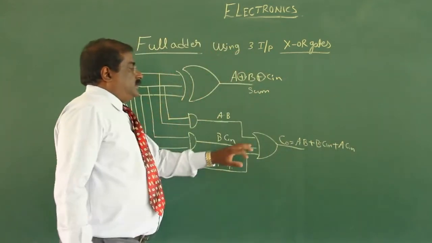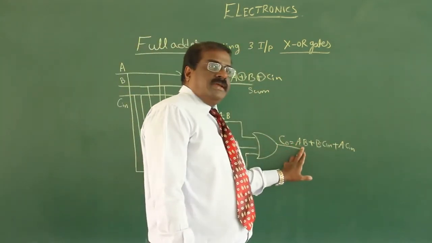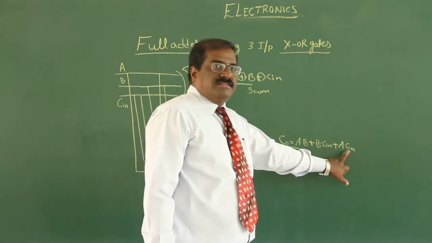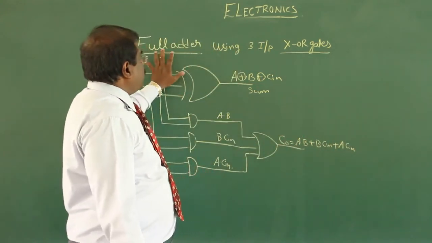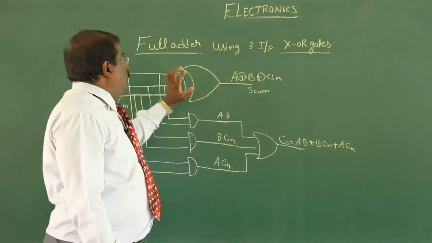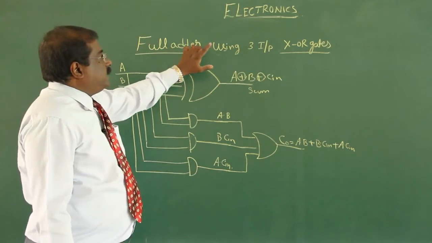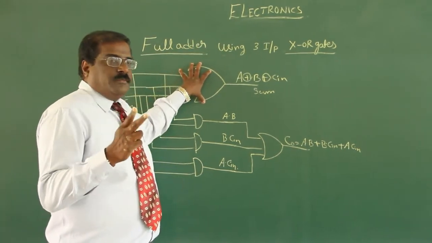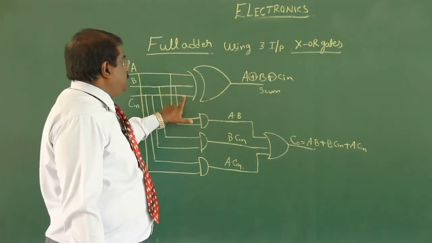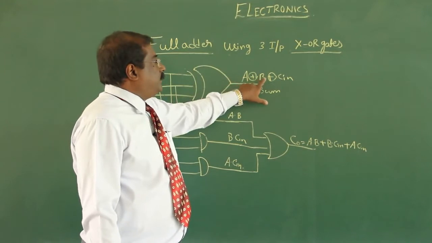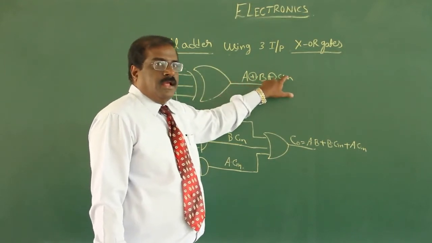So this is the full adder using 3 input XOR gate. Once more I will tell you, full adder using 3 input XOR gate means the XOR gate should have 3 inputs. A, B, C in we have taken, and the XOR gate. The sum will be A XOR B XOR C in.